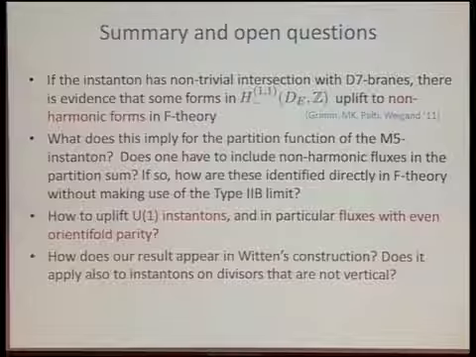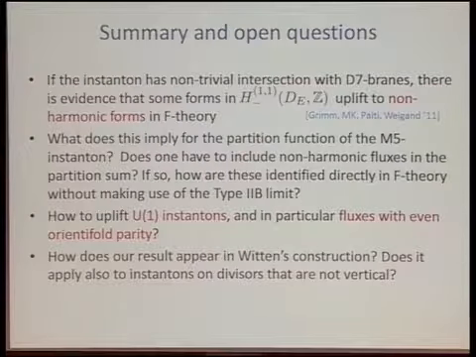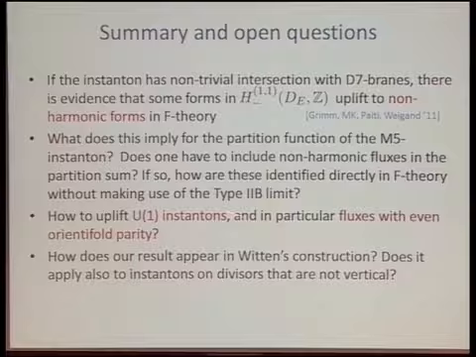This is really very speculative, but the question would be what do these non-harmonic forms imply for the partition function? Does this mean we have to include non-harmonic fluxes? And if so, how do we know which ones we should take into account?